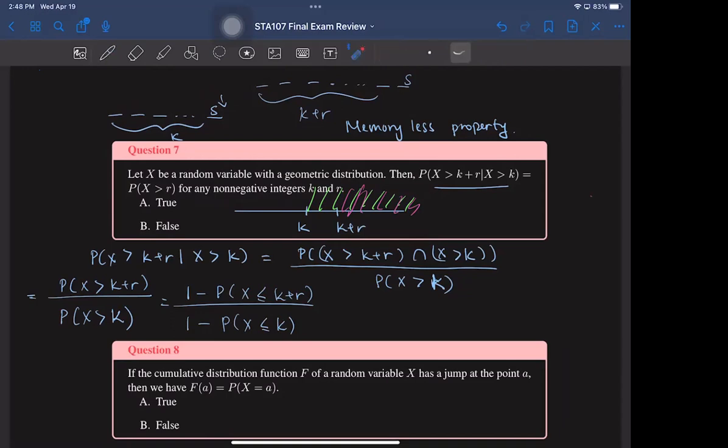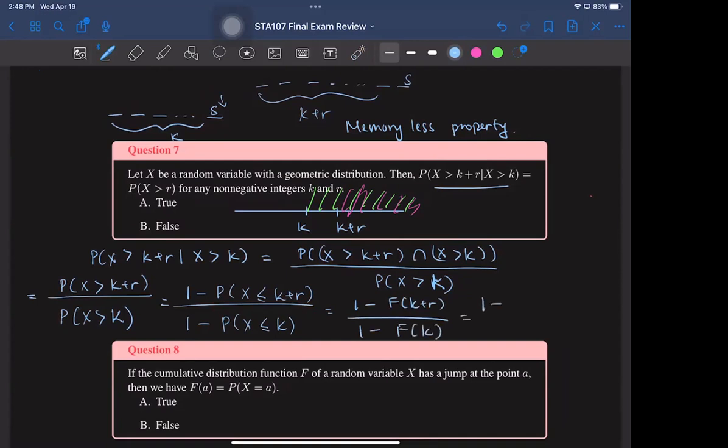And what is this expression? The probability that X is at most k plus r is a CDF. Yes, exactly. So I can write this as 1 minus F of k plus r and 1 minus F of k.